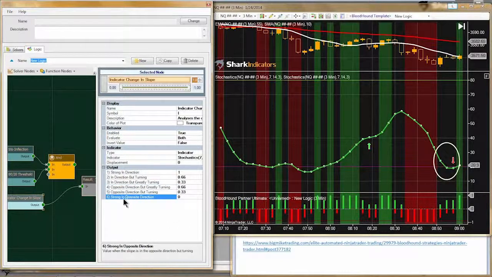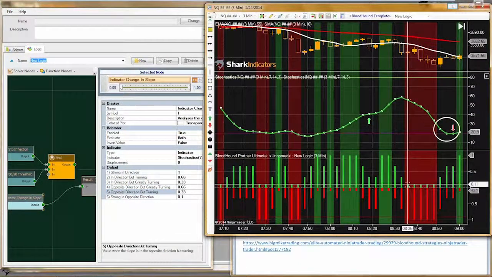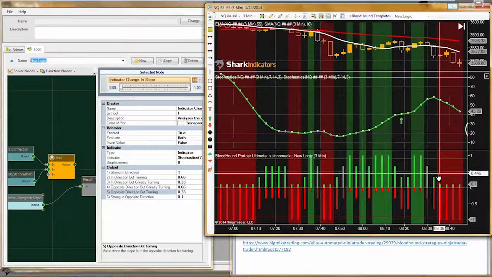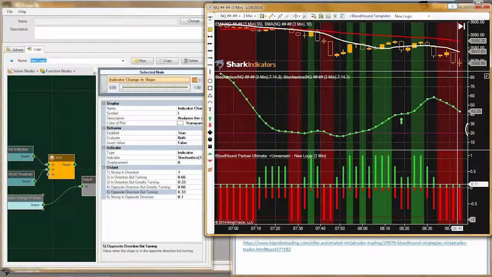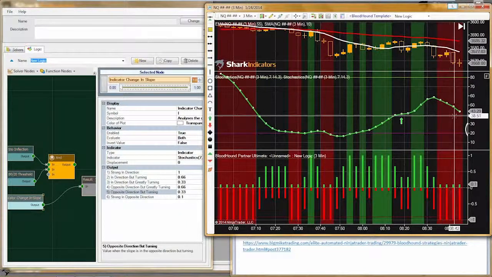And there is this option number 6, strong in opposite direction. So if I set this to, I'll just set it to 0.1, you can see we're now getting this 0.1 on the long side when the stochastic is strongly moving down.